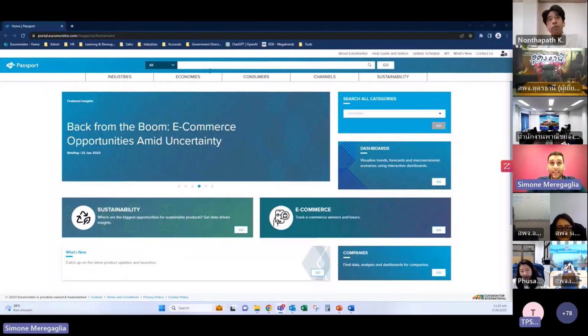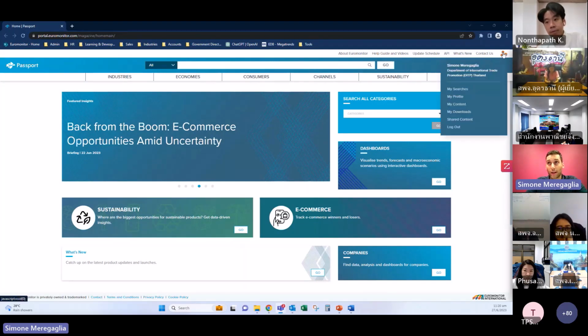Okay, so whenever you enter Passport with your access, this is the homepage that you see. The homepage has been refreshed and there is a new user interface since a couple of years ago, since COVID. Here on the top right, you will see your name and your company name, which is the ITP Department of Internal Trade Promotion, or TPSO.